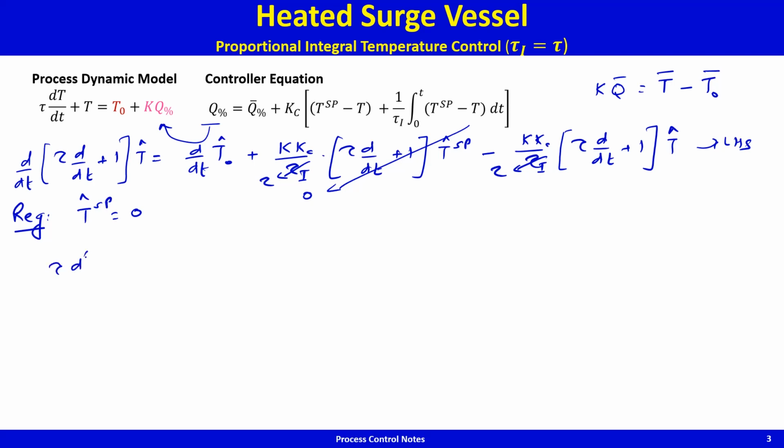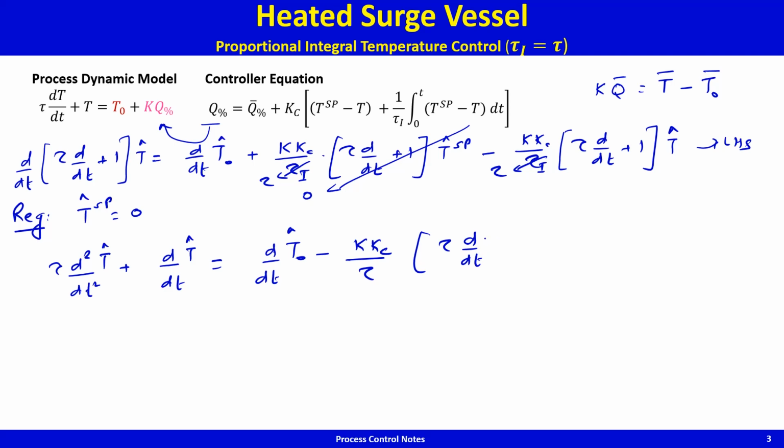Because this term goes to 0, what you get is tau second derivative is equal to d by dt of t naught minus k kc by tau into tau d by dt of t tilde plus t tilde.